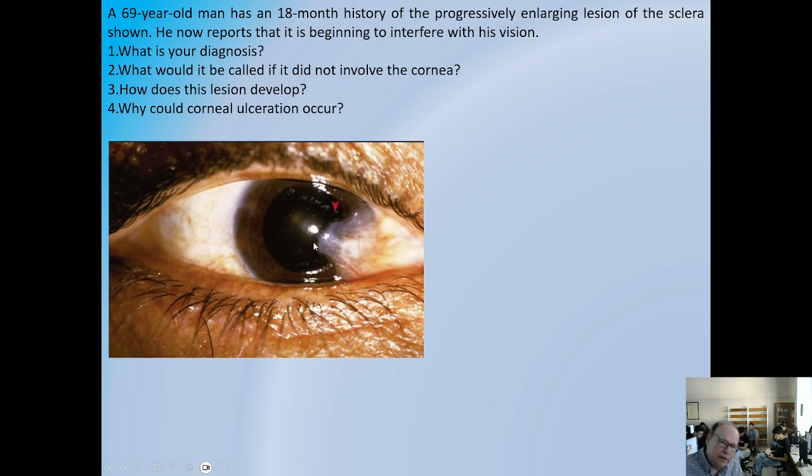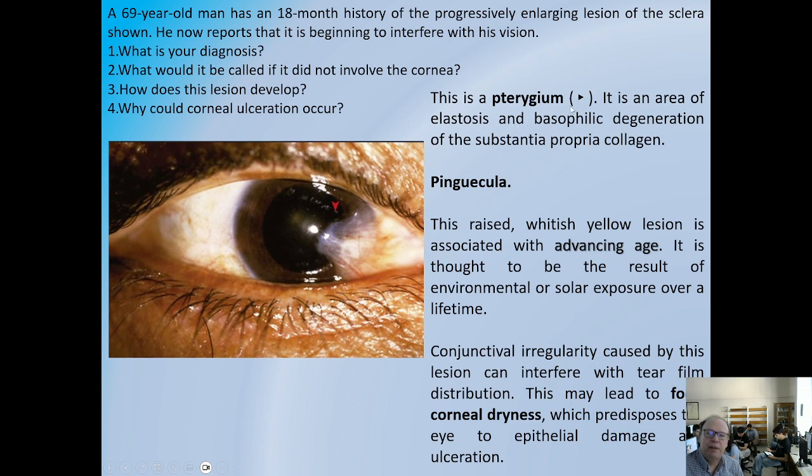You see this membrane here? Have a look here, this membrane. So, a progressively enlarging lesion of the sclera, and what we see here is a pterygium. This is an area of connective tissue deterioration and damage in the connective tissue, it can form this membrane.